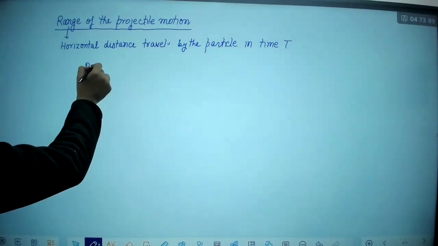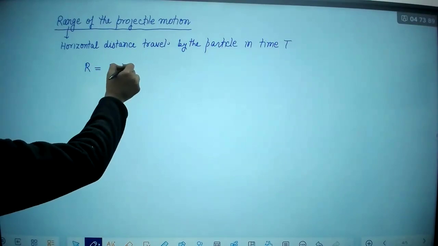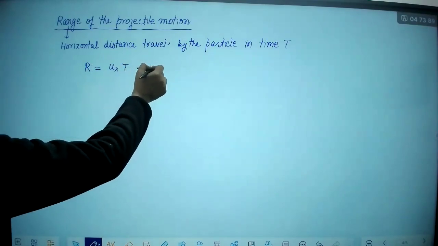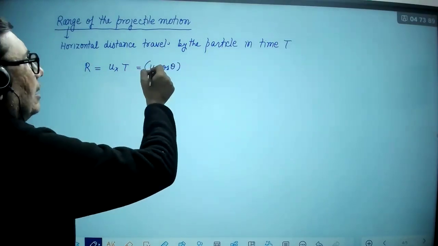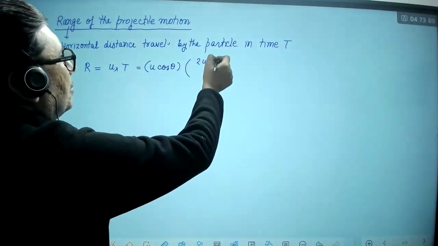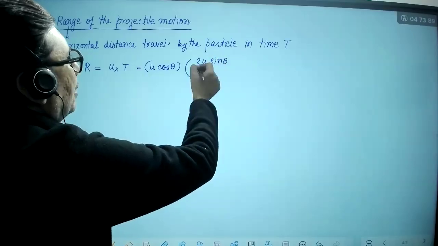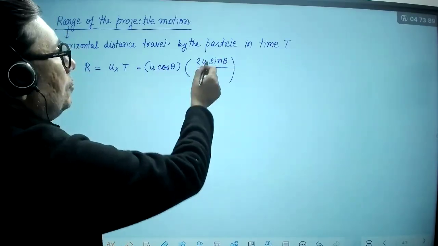So what will be the range? Range will simply be the horizontal component ux into capital T. So ux is u cos theta, and that time is 2u sin theta upon g. So u into u is u square.